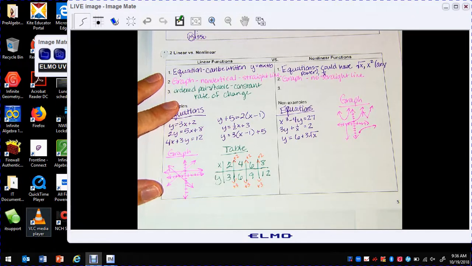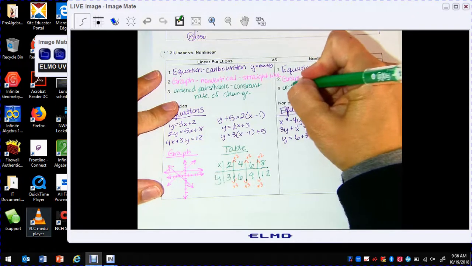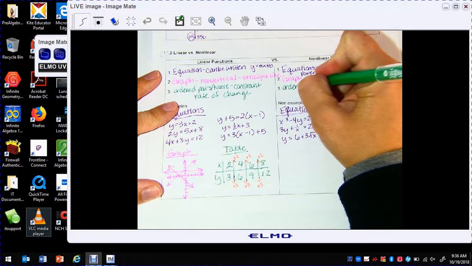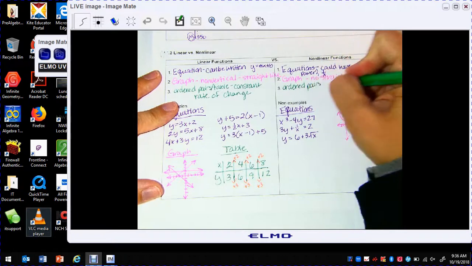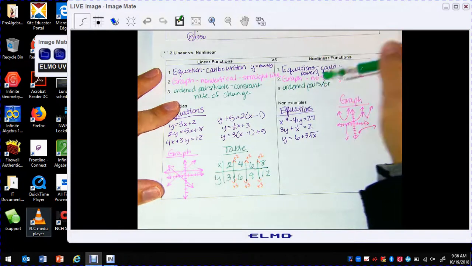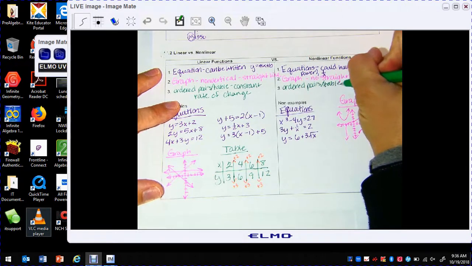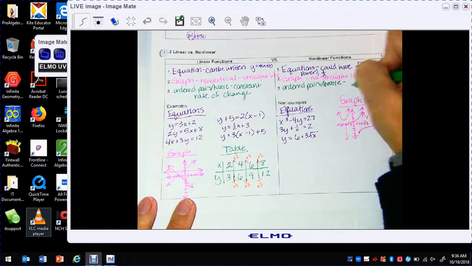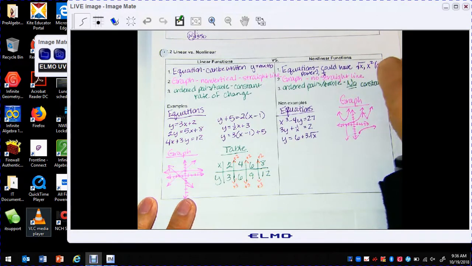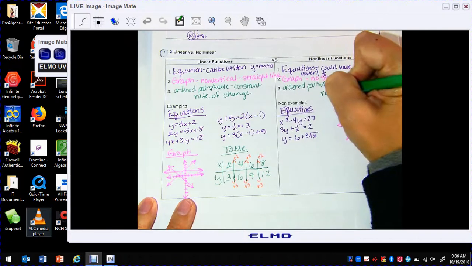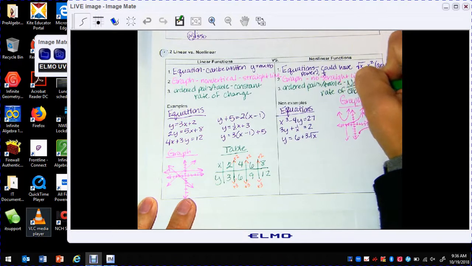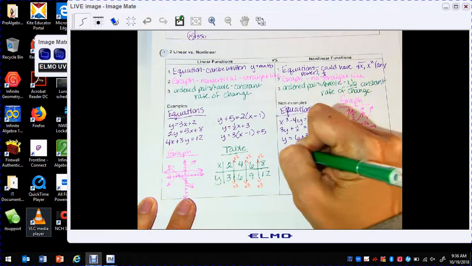And then for the ordered pair or table, it just has no constant rate of change. So maybe a couple of tables here.